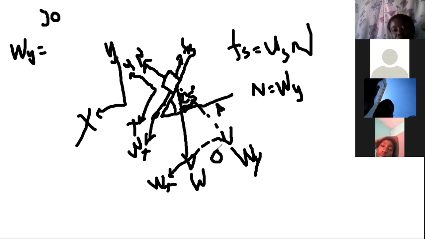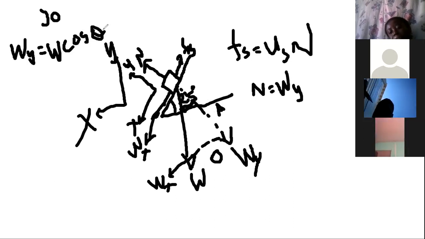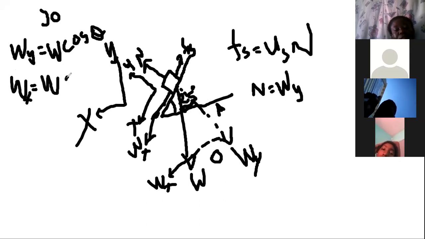Okay, so it means our weight in y is now equal to the weight times cos of an angle, while the weight in x is equal to the weight times sine of an angle.